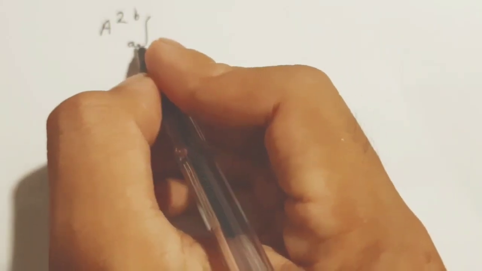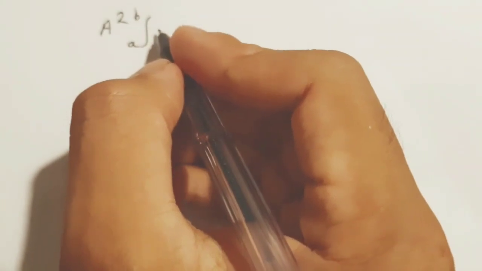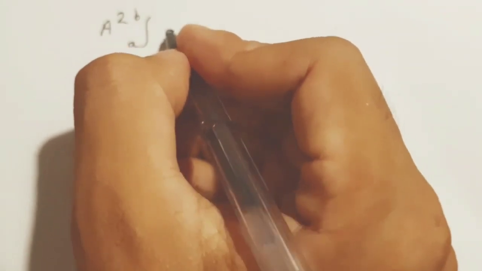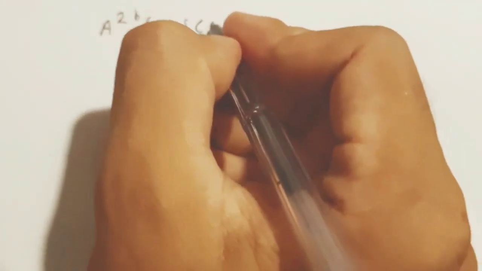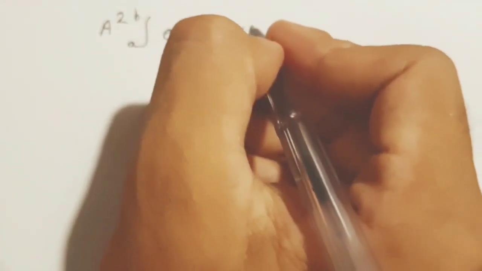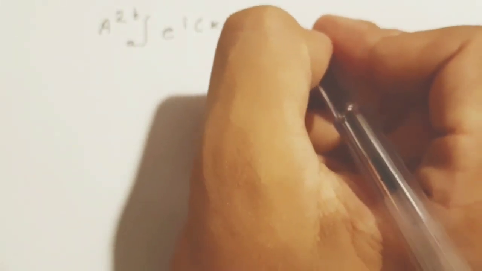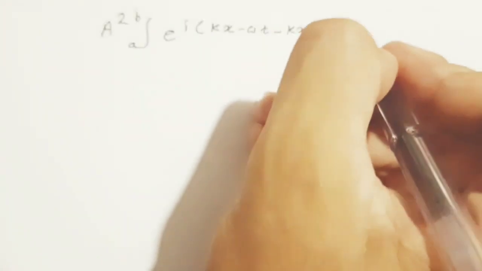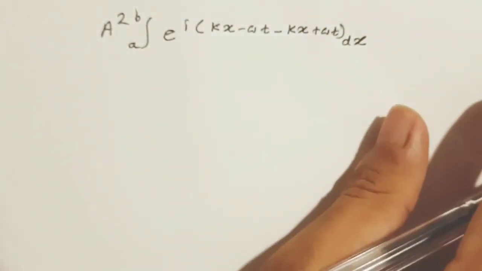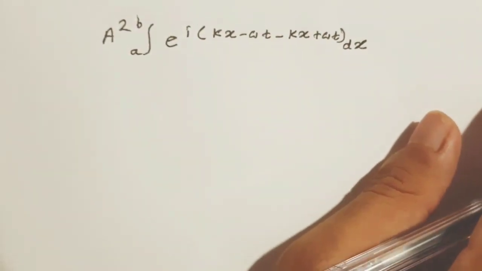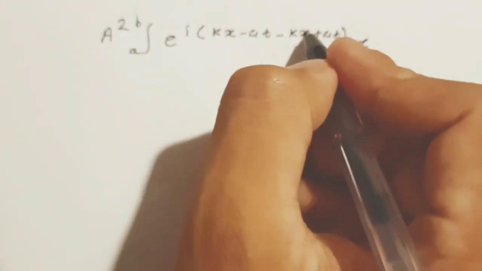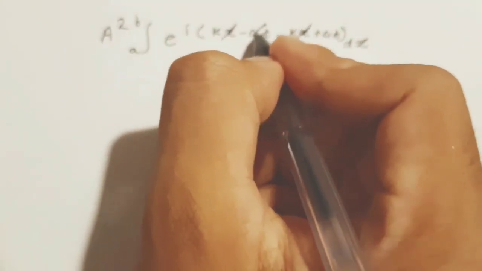The integral remains from A to B, so we can simplify it further with e to the power i times (kx minus omega t minus kx plus omega t) times dx. Now we can see that this equation simplifies by cancelling these particular terms.